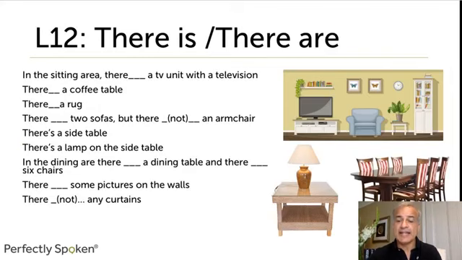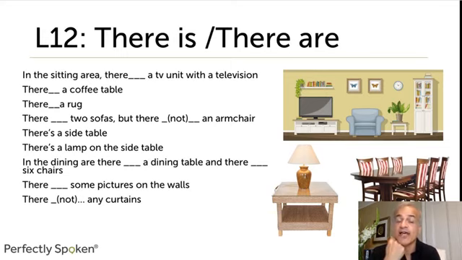In lesson 12, we looked at there is when we are making descriptions. So we looked at the house and the different rooms in the house and the furniture. So do you remember the difference? There is, there are, singular, plural. So have a look and tell me the correct answers.